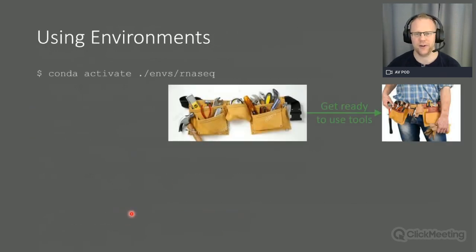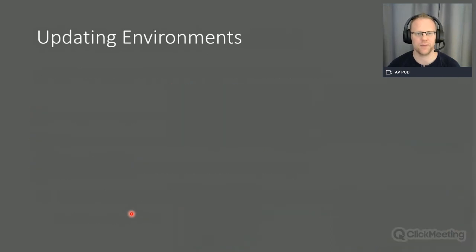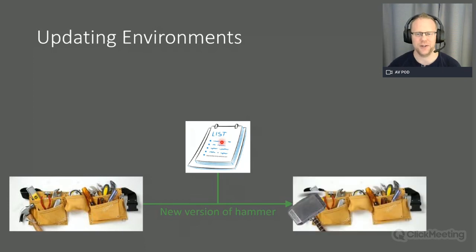You can update your environments at any point, which is akin to taking the YAML file that you used to create the environment in the first place. You find that there's a new version of Hammer or Star or SAMtools, and you update it in this environment file here, and you get a new version of that tool within your environment.